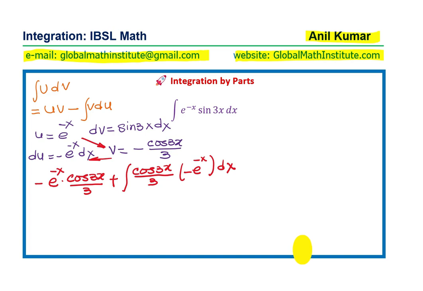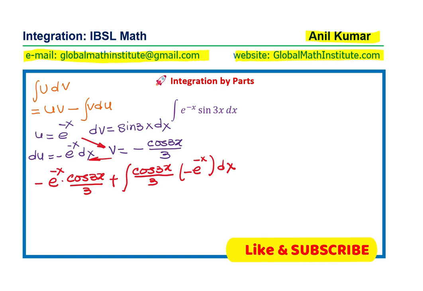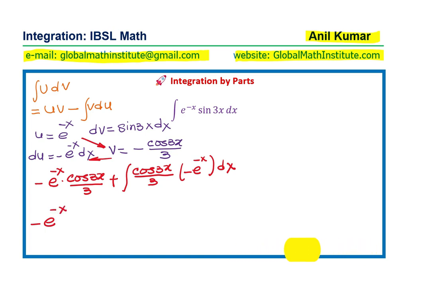Now you see, in the integral, we have again cos 3x by 3 and e to the power of minus x. Let's first rewrite this. We get minus e to the power of minus x cos 3x by 3 minus the integral of 1/3 of cos 3x.